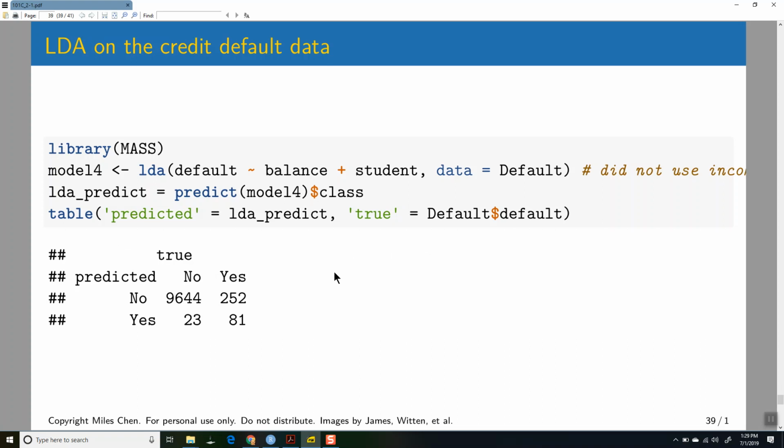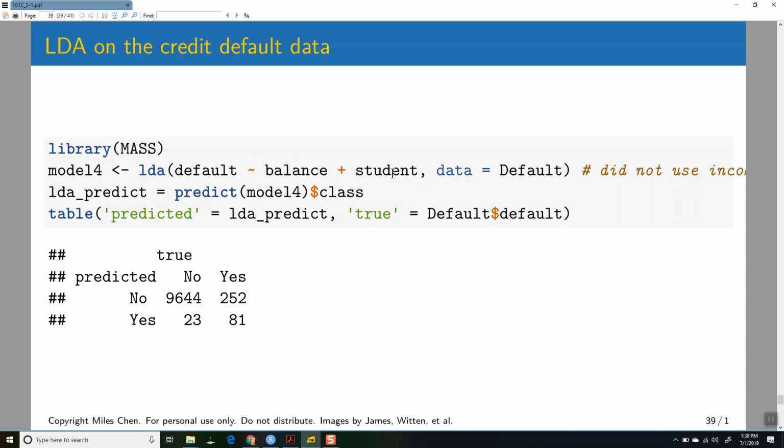So here, the way we run LDA on the computer is we call library MASS, which has the lda function, and it's like writing an lm, except you write lda and you say default as predicted. This time we're going to do balance plus student.